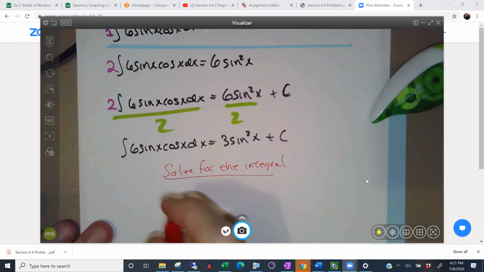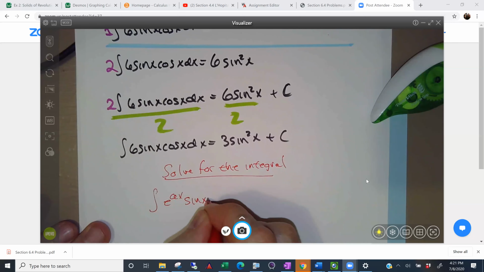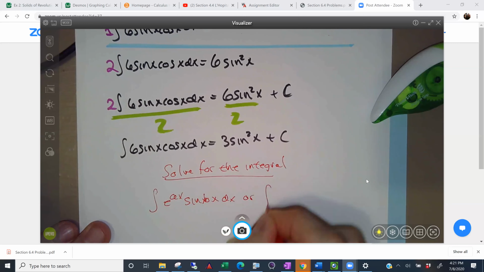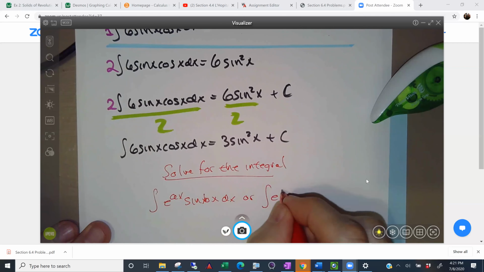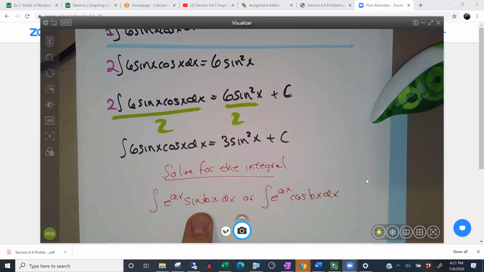You'll see this kind of stuff come up when you have the integral of e to the ax sine of bx, or the integral of e to the ax cosine of bx dx. These problems lead to solving for the integral.